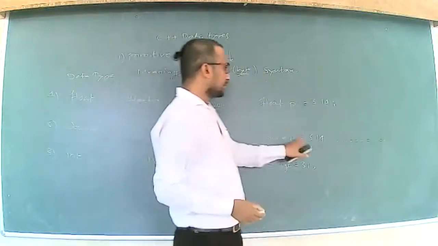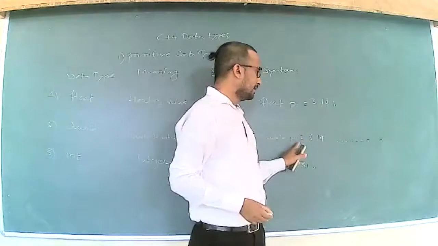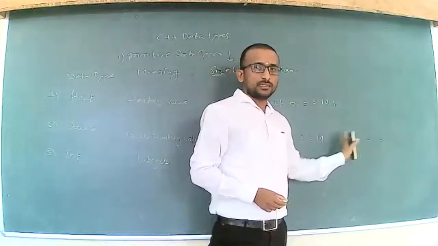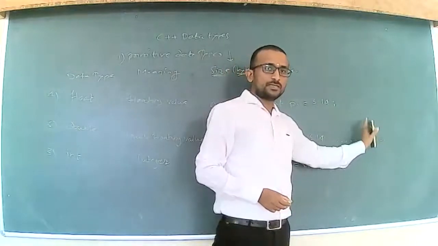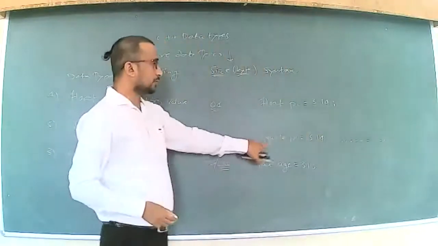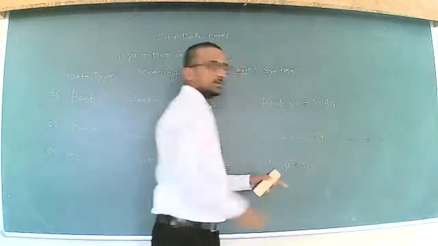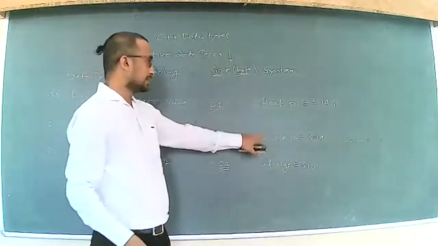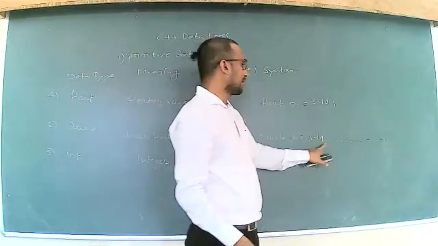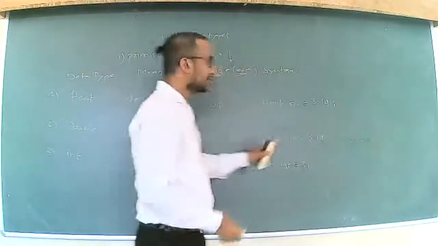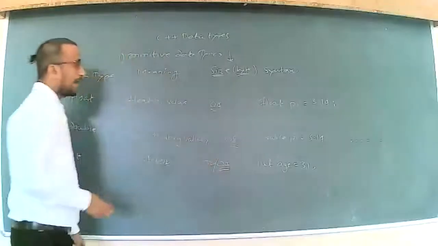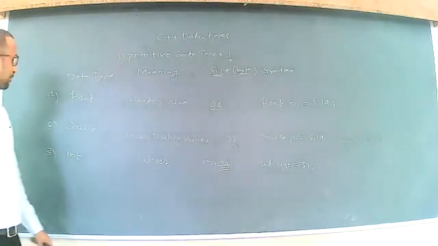Whenever you want to use the real value of pi, having a large number of digits after the decimal point, at that time we are going to use double. The total value will be stored in your computer's memory space. Double pi is equal to 3.14, and all the next digits after the 14 will be stored in the memory space, as it has 8 bytes of memory space.